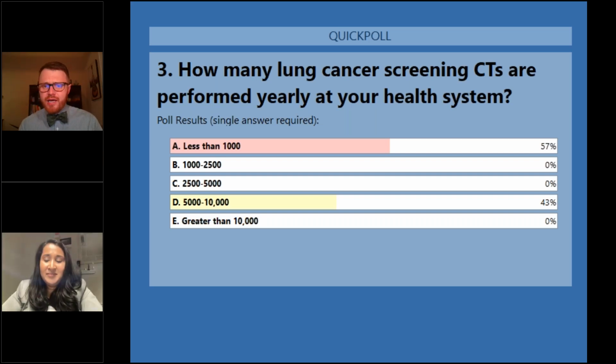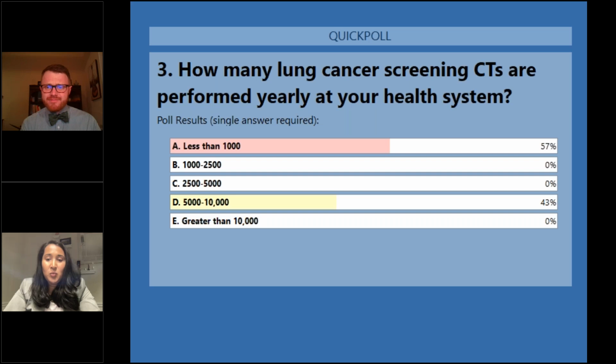We currently have 2.5 maybe FTE of nursing coordinators and 1 APP. Anybody willing to tell us how many coordinators, or is it just one person running the show? Anybody want to share that? I'm always interested in how many people and resources, because I'm always begging for resources, right? Yep, those resources are hard to come by.